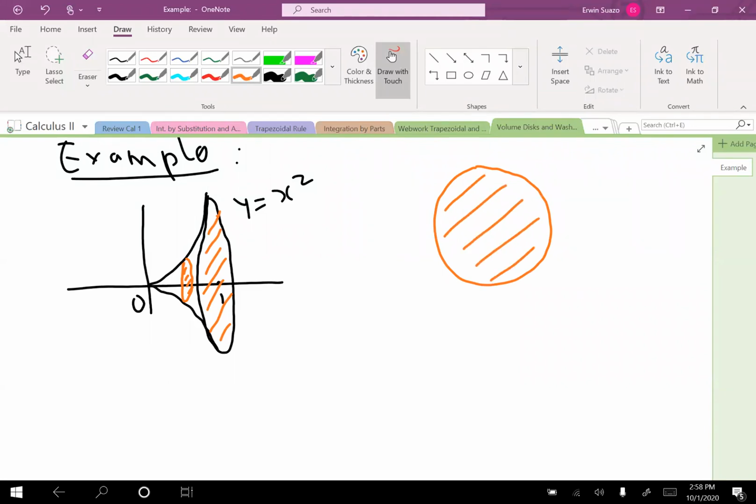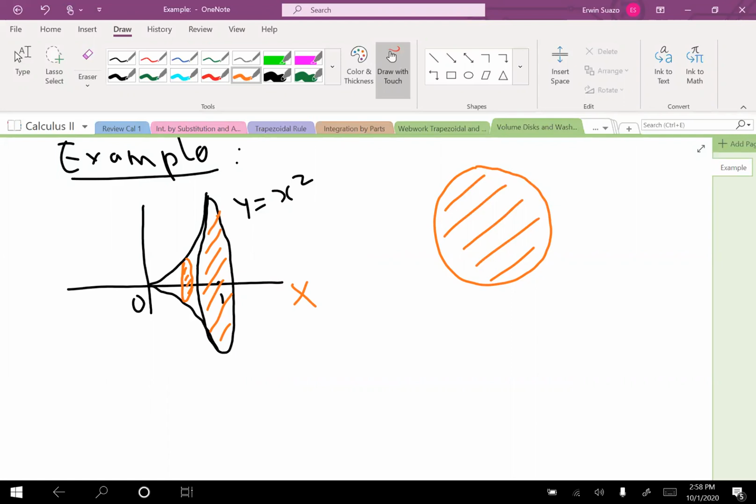The important thing here is what is the radius of the circle, because that's all that matters, right? Since this graph is rotating around the x-axis in this case, it's gonna be a perfect circle. So we need to find the r, the radius.